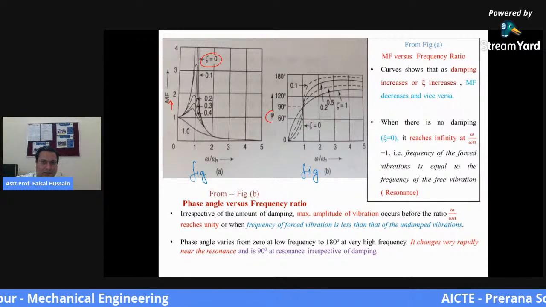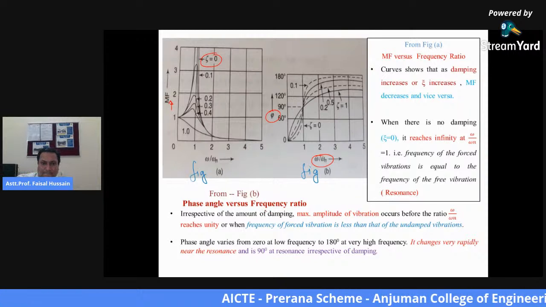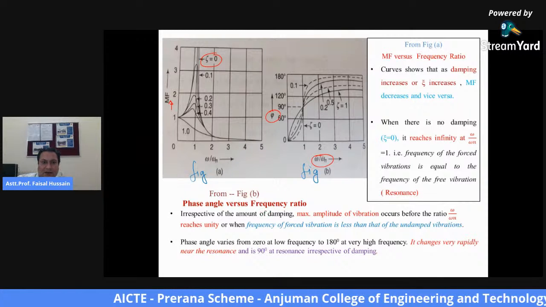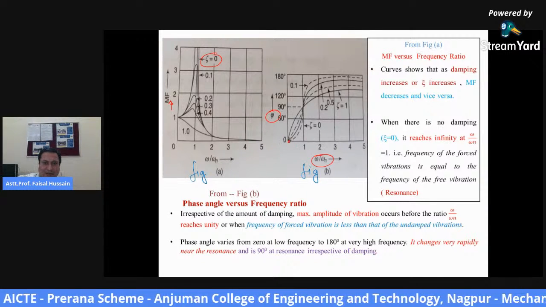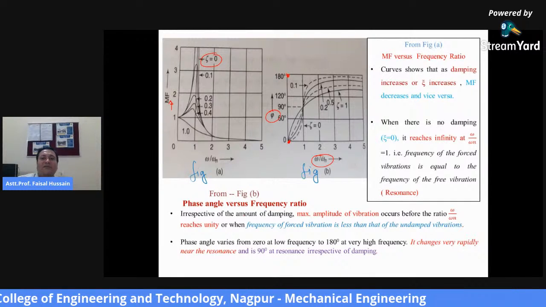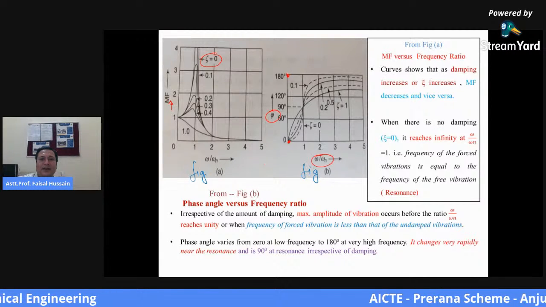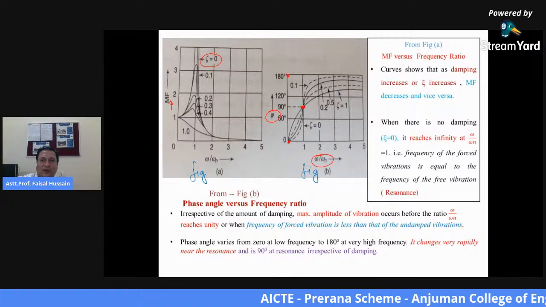In figure number B, this is your phase angle and this is your frequency ratio. Here see, the phase angle varies from 0 at low frequency to 180 degree at very high frequency. So it is changing from 0 to 180 degree. The phase is changing very rapidly. And at the resonance point, this is the point where resonance takes place.